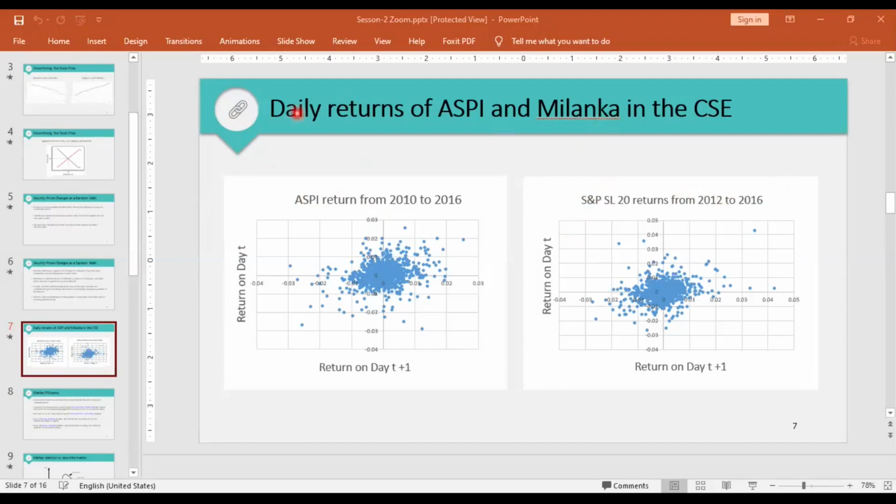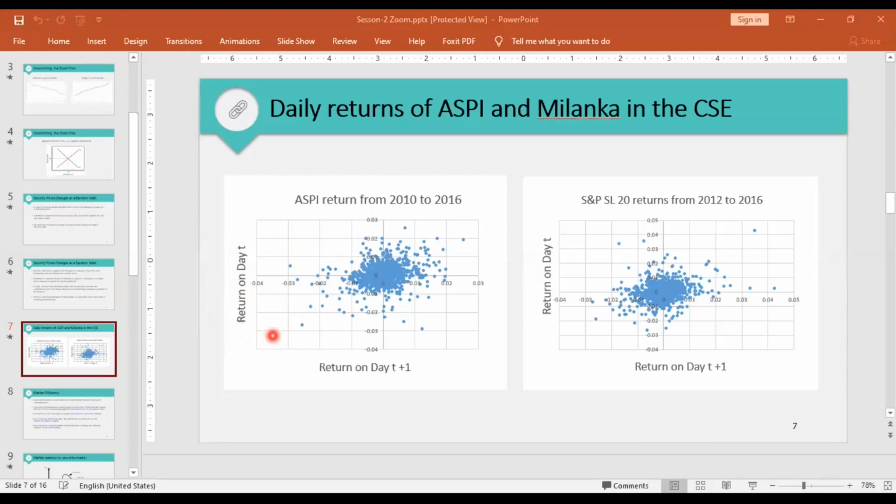If you look at this graph, these blue dots are the returns, right? You can see that these returns are clustered around the middle. Can you see any pattern here? Scattered, sir.